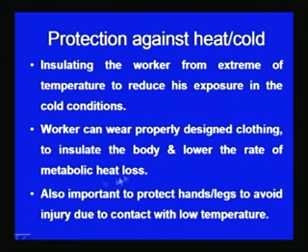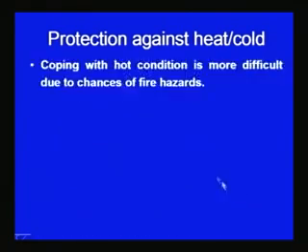But under such conditions, it is also important that hands and legs do not come in contact with very low temperature conditions, because this can be harmful and can damage the hands or the legs.